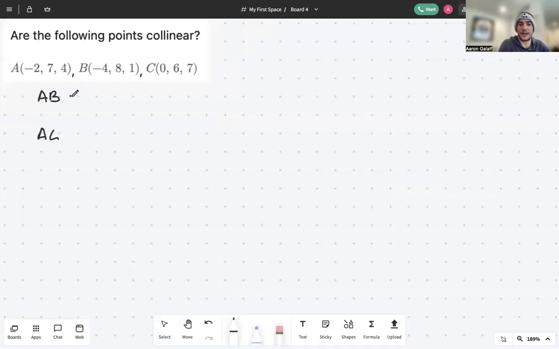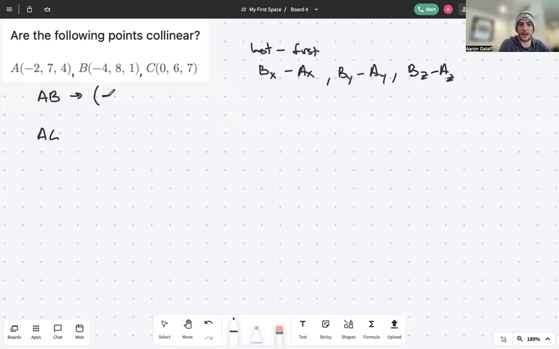In order to find vector AB, we're going to go last minus first, or in this case, it's going to be b of x minus a of x, b of y minus a of y, and b of z minus a of z. Now, putting that more into practice, let's see.